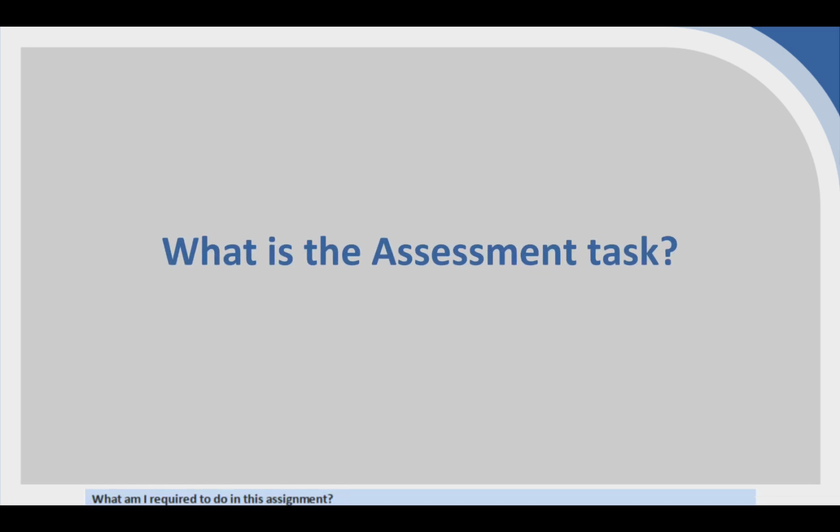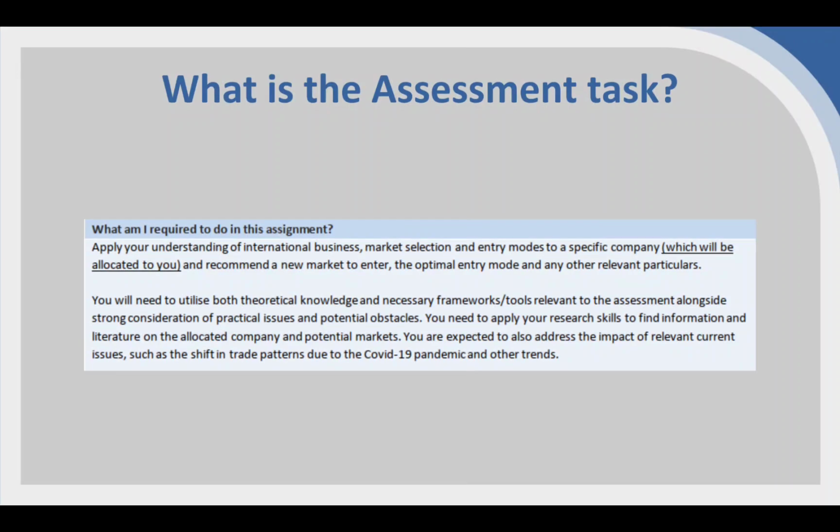The assessment task in this first assessment is to pick a specific company. That company will either be allocated to you or, depending on your location, which campus or partner you're studying with, you may be given a chance to propose a company as well. You'll end up with a company though, whether you've proposed one or you've been allocated one, and you need to recommend a new market to enter.